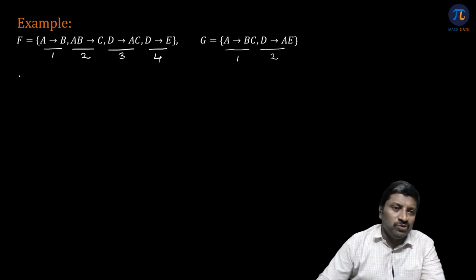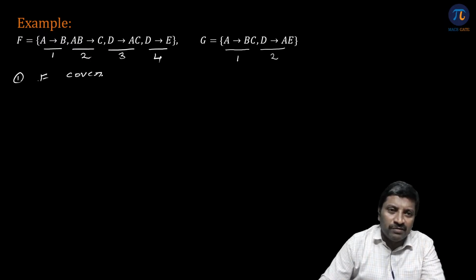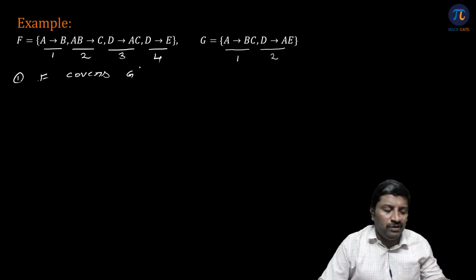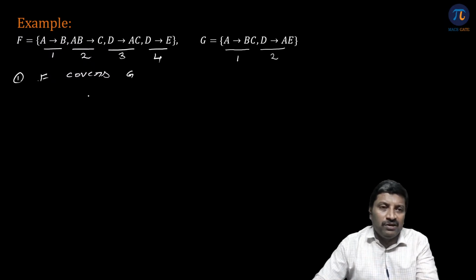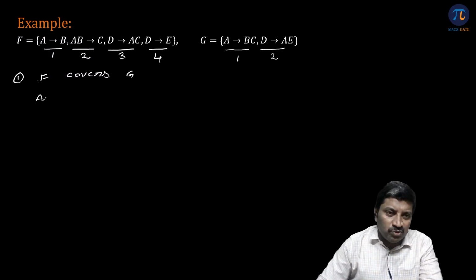So let us continue with the first part. What is the first part? I need to verify whether F covers G or not. For that, the same story. Let me write in simple words: assume F.